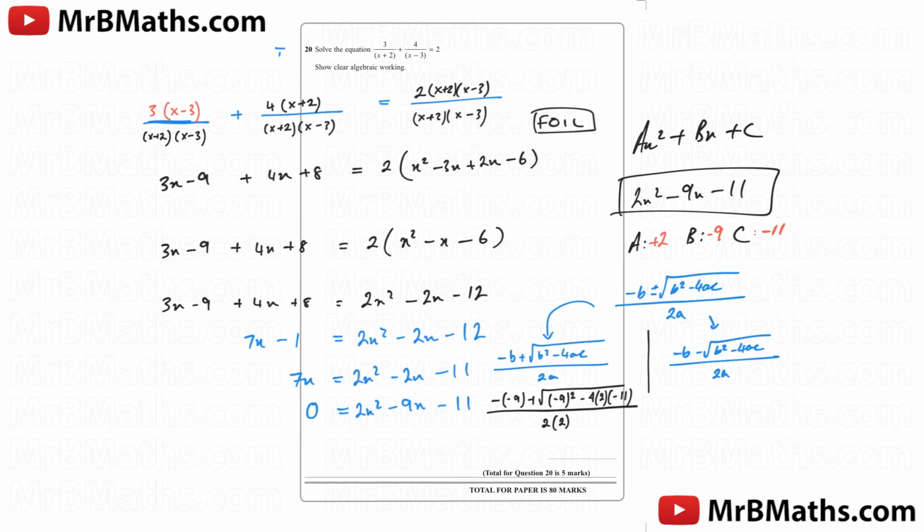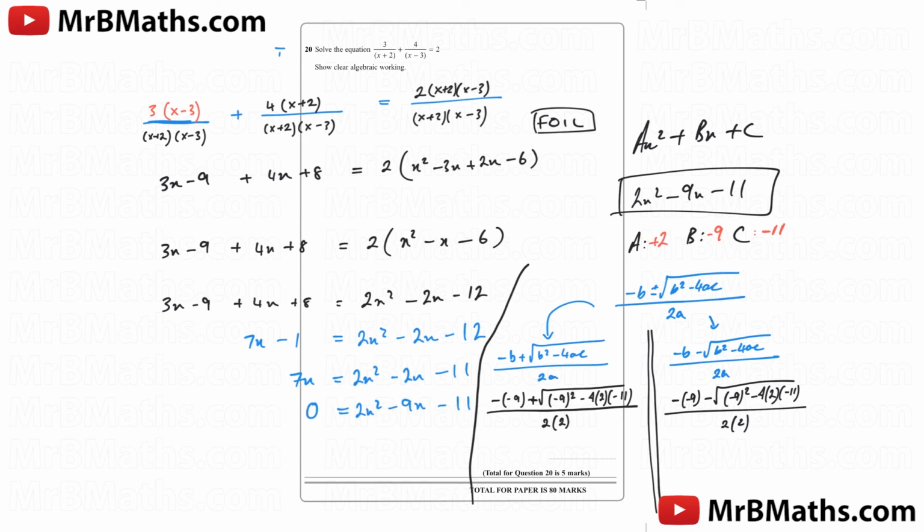Doing the same here now. Just split this up. Same here, so minus b, which is minus 9, minus, that's a plus, minus the root of minus 9 squared minus 4 times 2 times minus 11 all over 2 times 2.